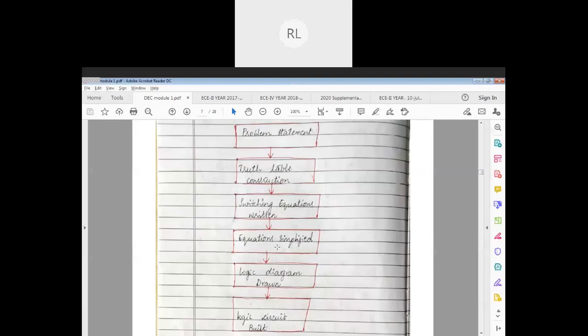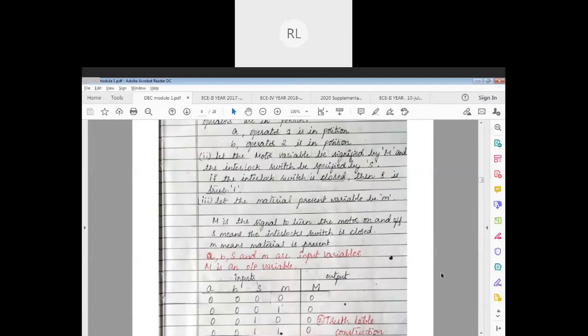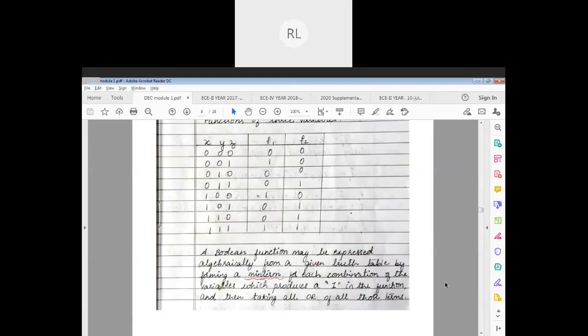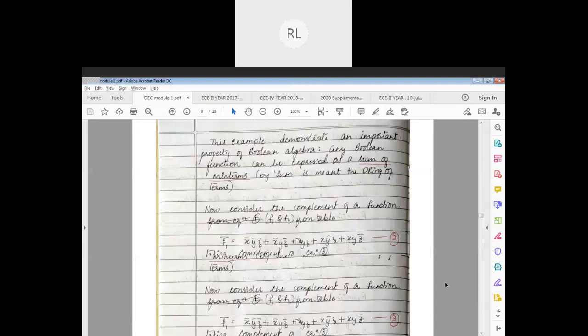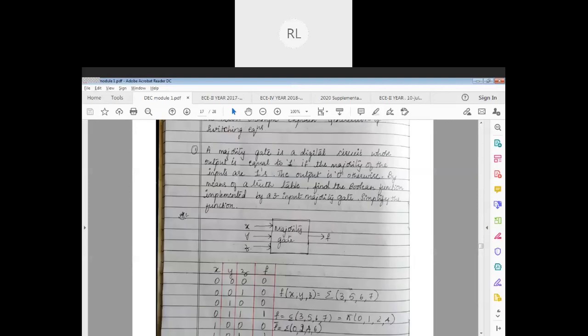That's why you have switching equations and equations simplified. So in order to get a simple equation, we add those terms and group them, so that the equations become simpler. I think we are clear with these concepts here.